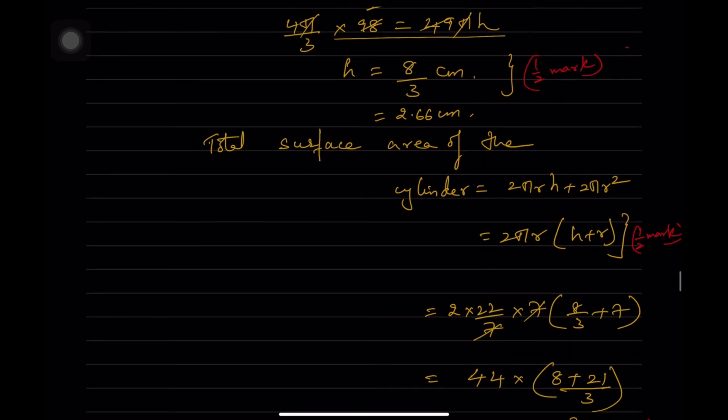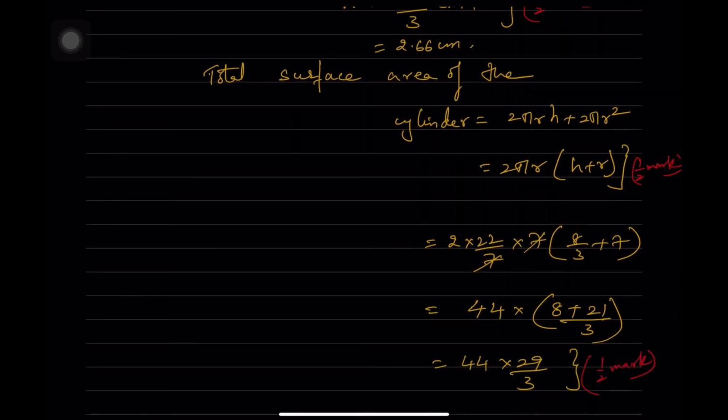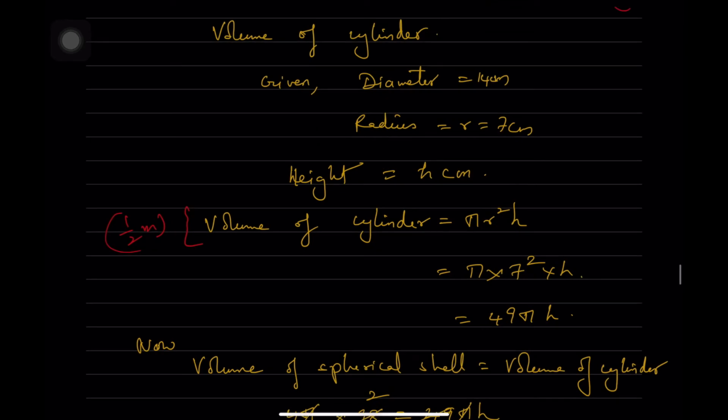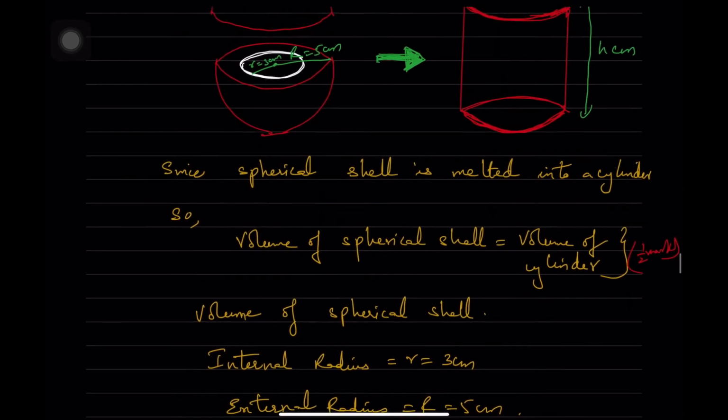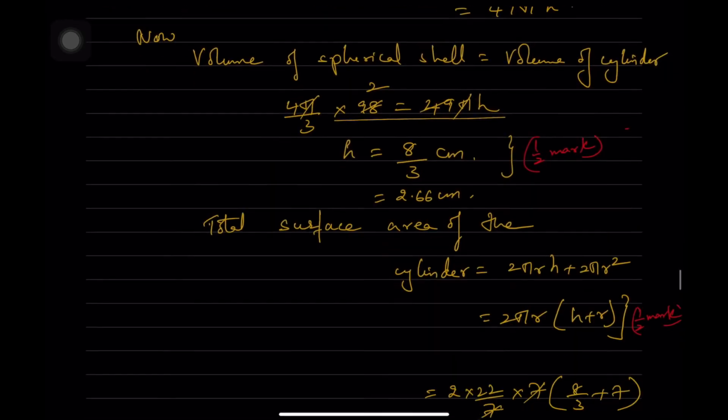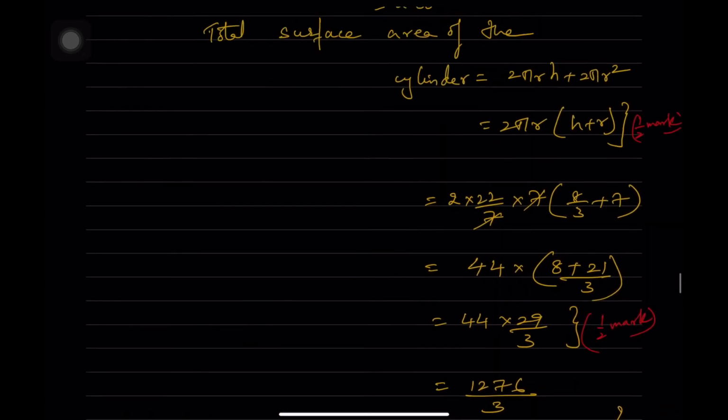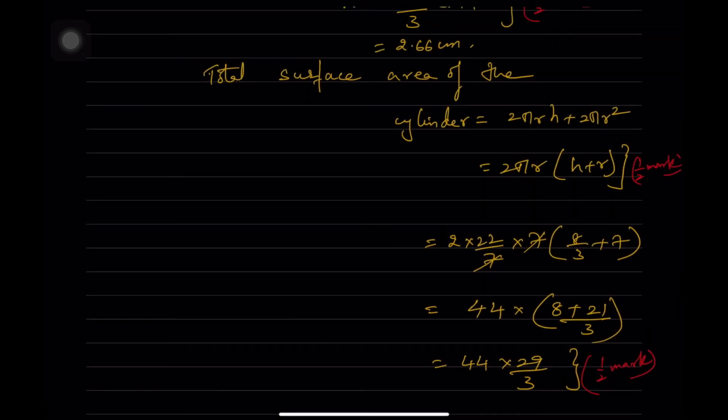So total surface area of the cylinder is equal to 2 pi r h plus 2 pi r square, which is equal to 2 pi r into h plus r. For this also you are having half mark because you are writing the formula.